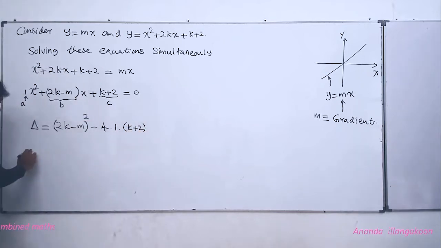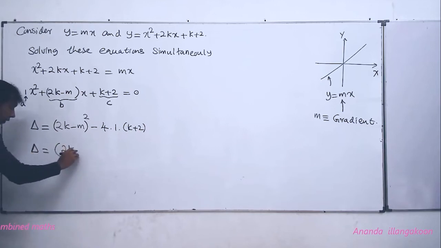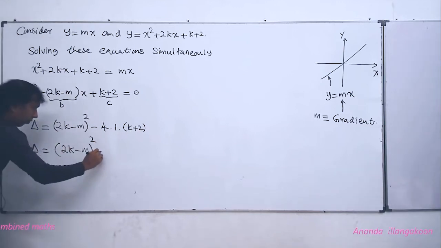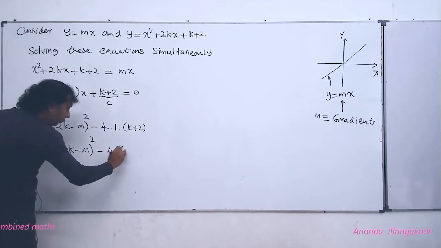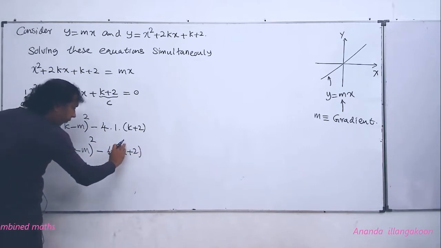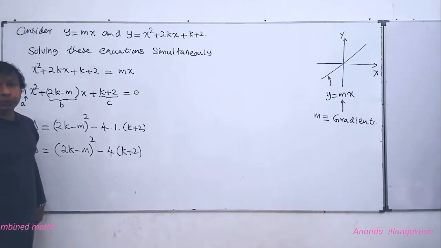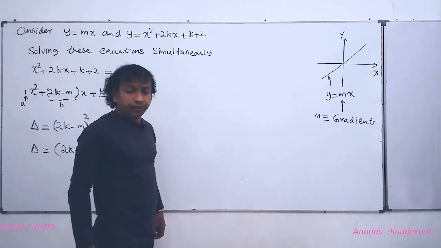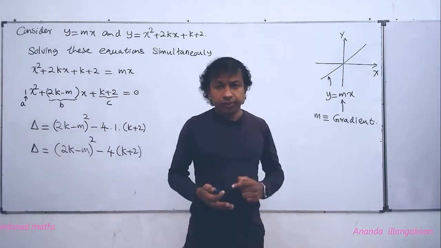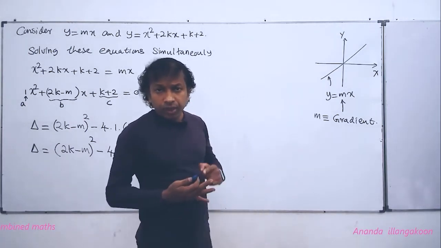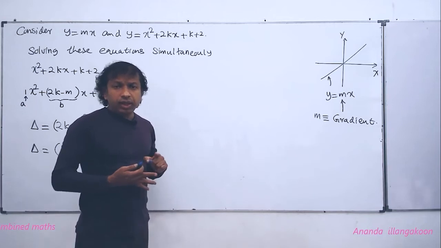Then we can write, don't expand this, we'll keep it like this: (2k minus m) whole squared minus 4 times (k plus 2). Right, people, now this is the key term we use to describe those three possibilities: intersection at two different points, touching each other, or lying separately.